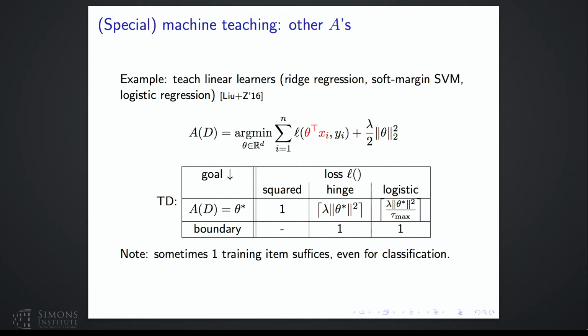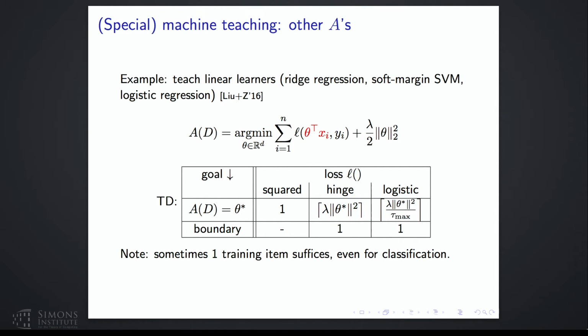Now, if you think about it, for classification tasks, sometimes you don't care about the parameter being the same because you can scale it and get the same decision boundary. So this row is for just getting the boundary correct, but you may be off by a constant in terms of the parameters. What's interesting here is you see a lot of ones.